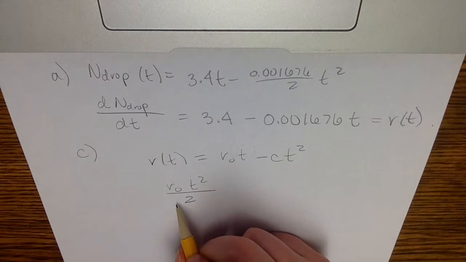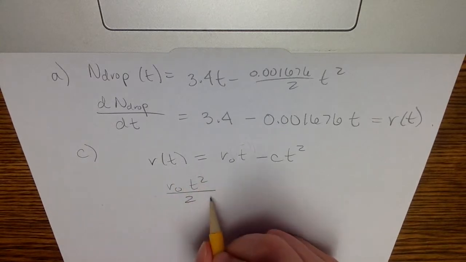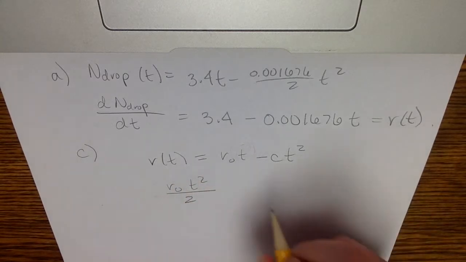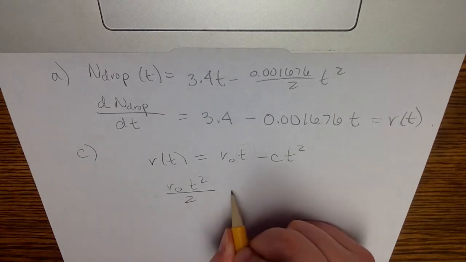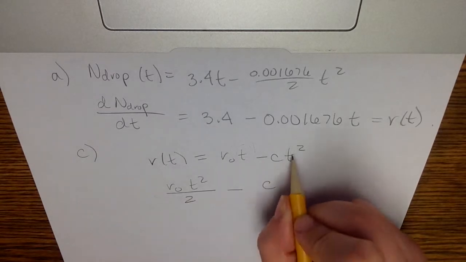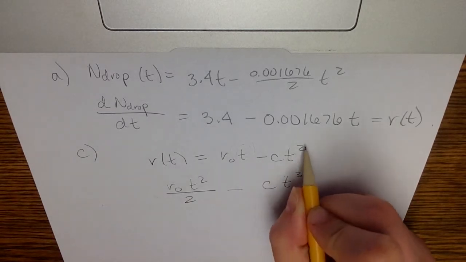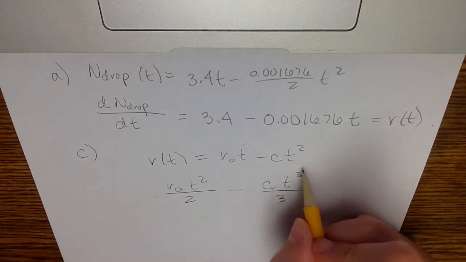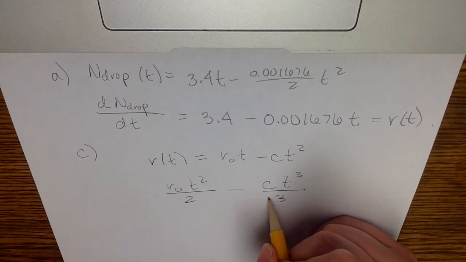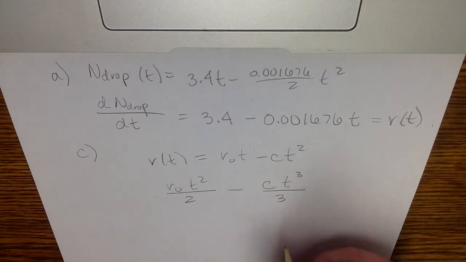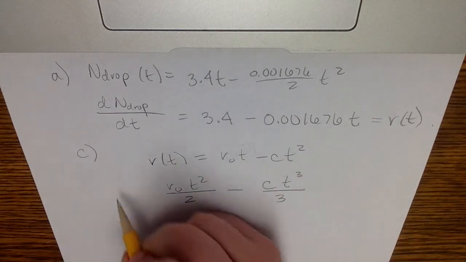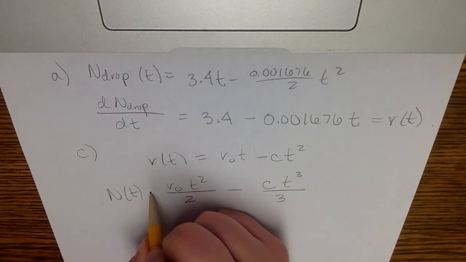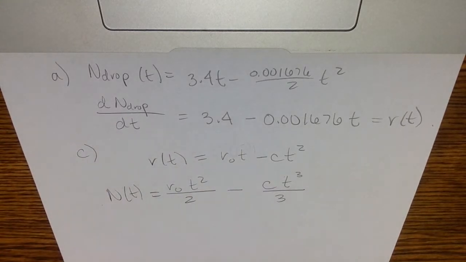So that when we take the derivative, that 2 that comes down will cancel with this 2, and we get back r0 times t. And then we're going to do the same thing here, c t cubed, right? We go up a power, and then we divide by 3, because when we take the derivative here, we'll get a multiplication of 3. That'll cancel with this 3. And so our corresponding n of t would be r0 t squared over 2 minus c t cubed over 3.